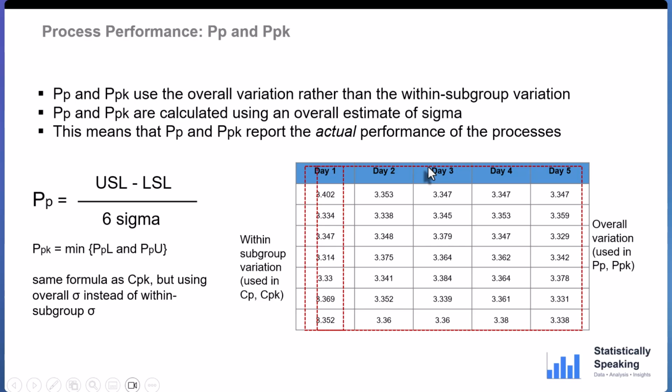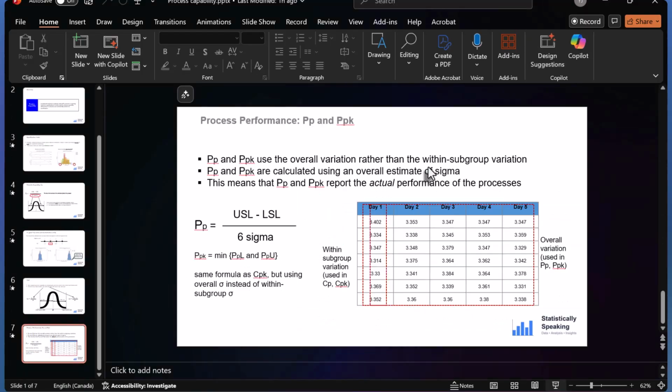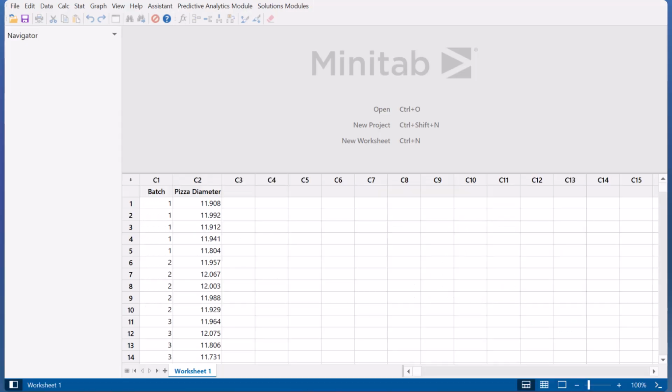So customers receive cookies from all batches across all days. That's why PP and PPK become more robust, because they tell you your actual performance, not just performance within a particular day. So now that we understand these concepts, let's switch to Minitab and do our analysis, right?